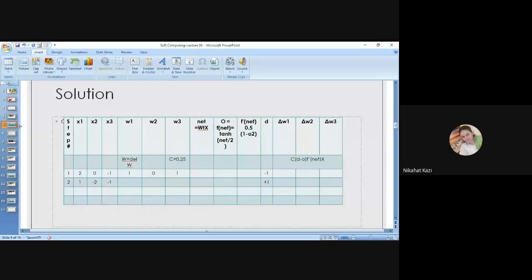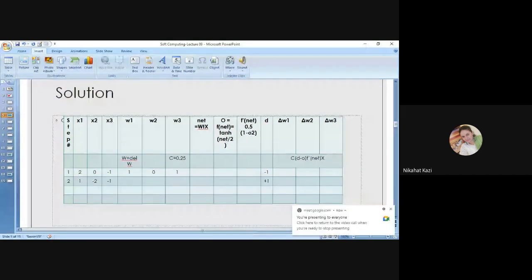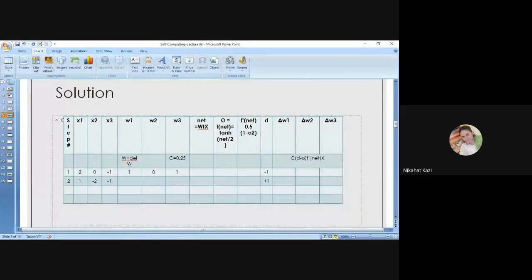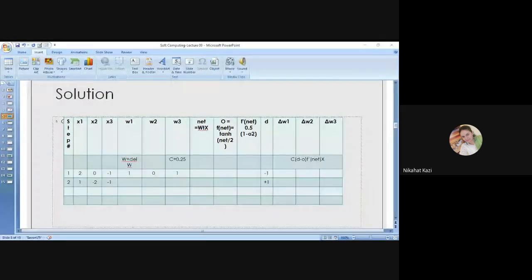Use the table method only. I have pasted the values of x1 and x2, the vectors, as well as the initial weights in the table, and also written the relevant equations which we are going to use for the calculations.